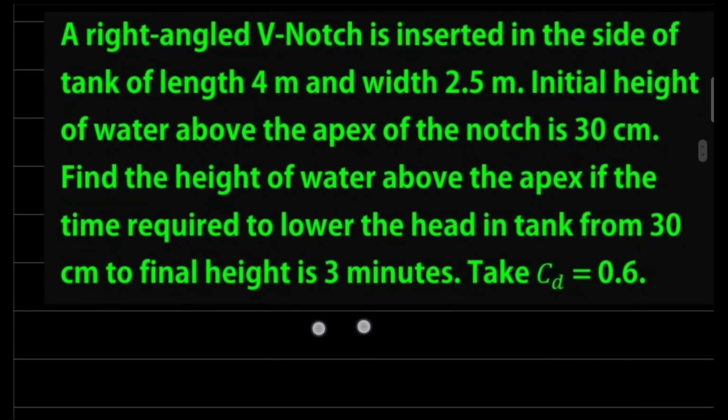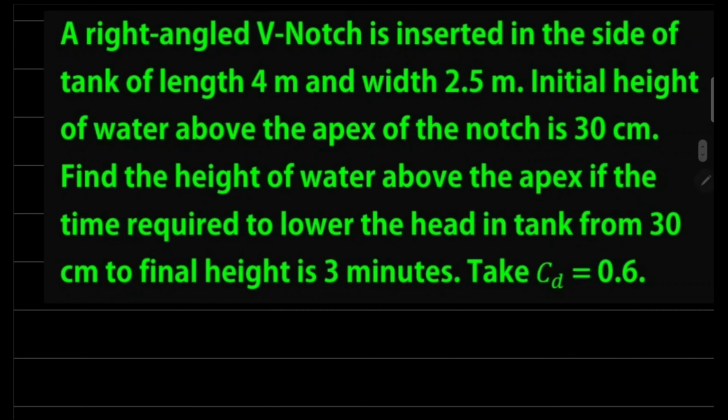So before doing this problem, first of all, we need to understand what is being asked. So what exactly the scenario is that the initial height in the weir is given to us, and after the 3 minutes it reaches a new height. So this value is known. Only this value is asked.